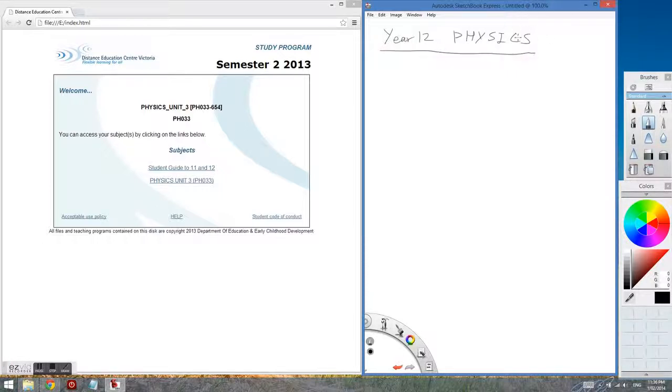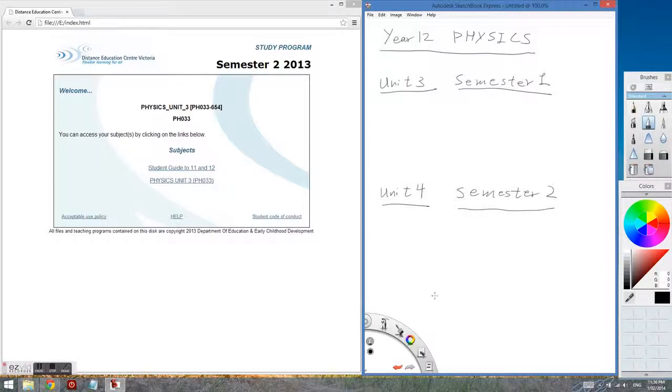In Year 12 physics, there are two units: Unit 3 and Unit 4. We're going to do Unit 3 in Semester 1, and Unit 4 in Semester 2.